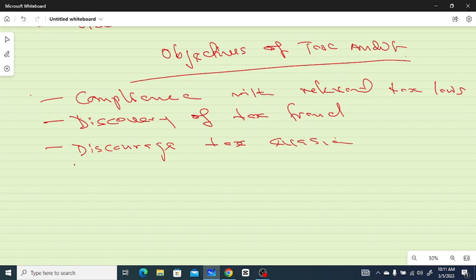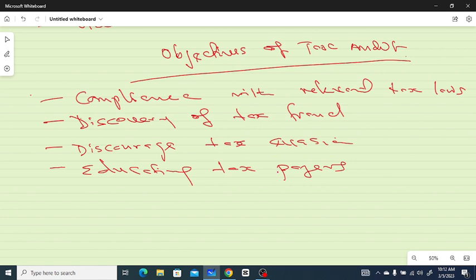Then number 4, to provide ways of educating taxpayers. This means that there are some taxpayers whose intention is not to commit fraud or crime or not to comply with the relevant tax laws, but they don't know.